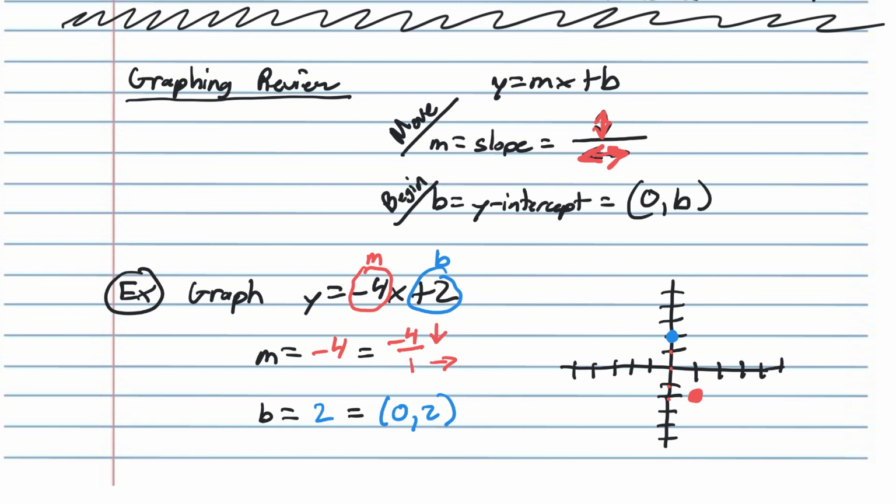You can move that negative to the bottom if you needed to. So you could also go up 4 and then left 1. Okay, you can always do the opposite set of directions because you'll get the same line. Right? If I went from that blue dot and I counted up 4 and then left 1, so 1, 2, 3, 4, left 1, it's the same line. So it doesn't matter. But I only need 2 points. Okay, so I only needed those first 2 and I'm set. So we can draw our line and then we're done.